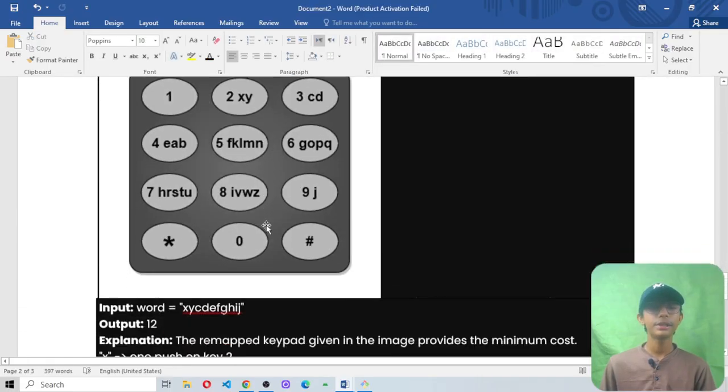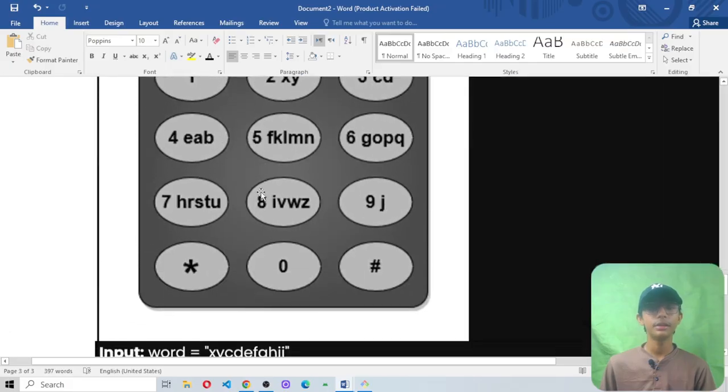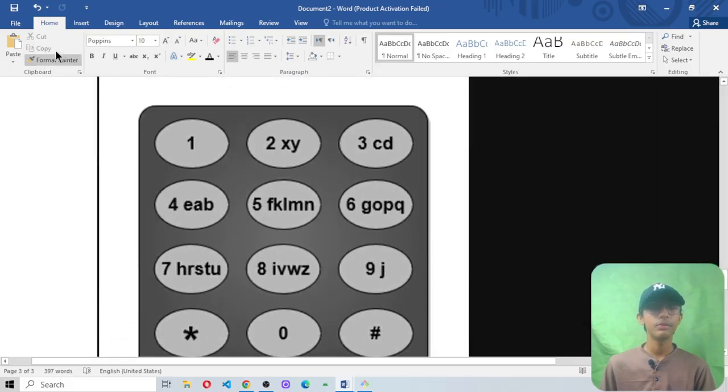Example 2. If you view example 2, the alphabetical arrangement is totally different.